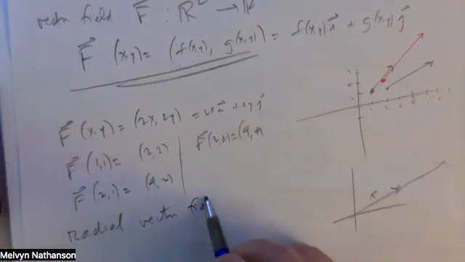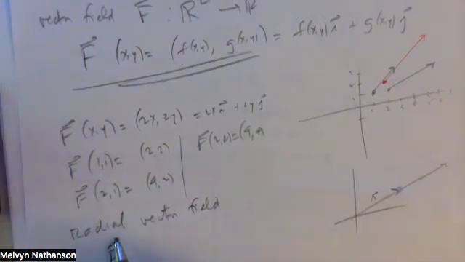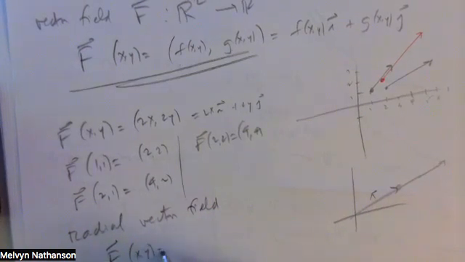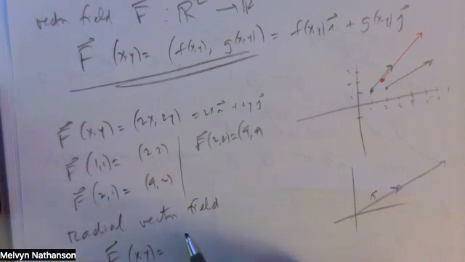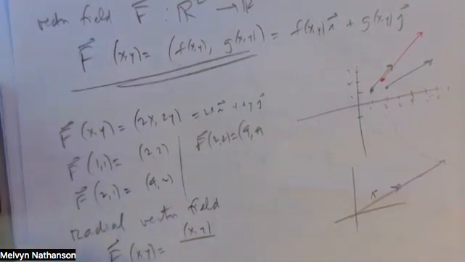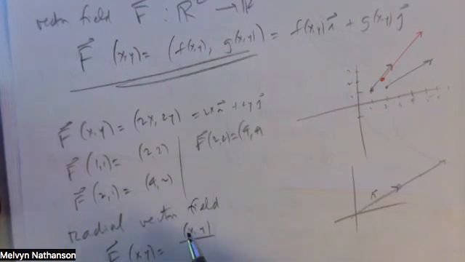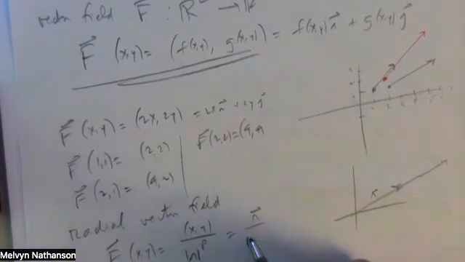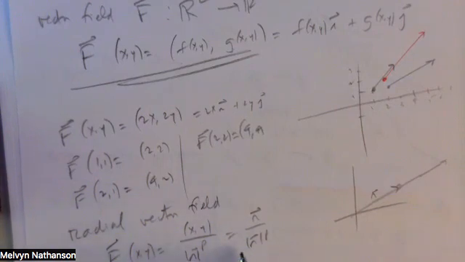So a radial vector field is of the form: suppose that the vector r equals x, y is sent to some multiple of this, and we often write this as the length of r, which is a number, to the p, or r over the length of r to the p. This is a radial vector field.